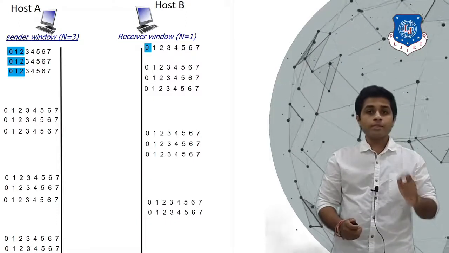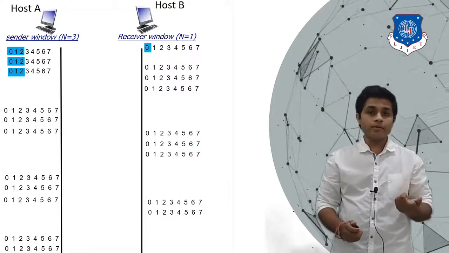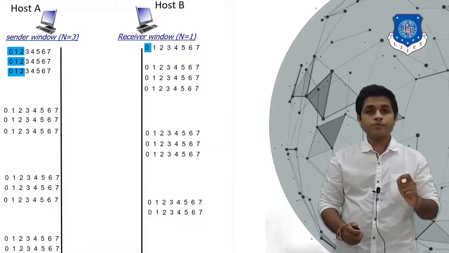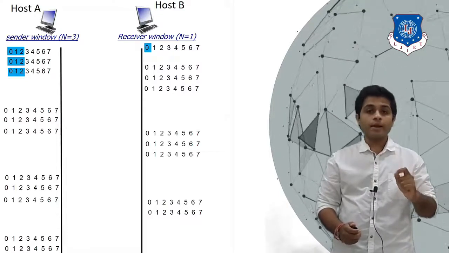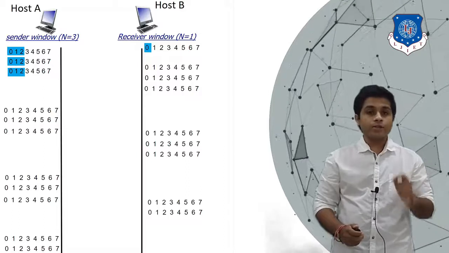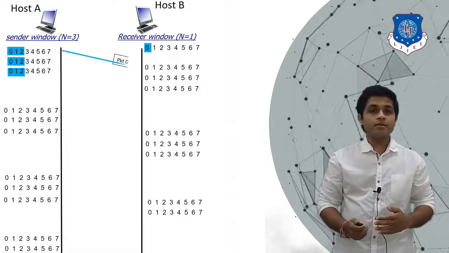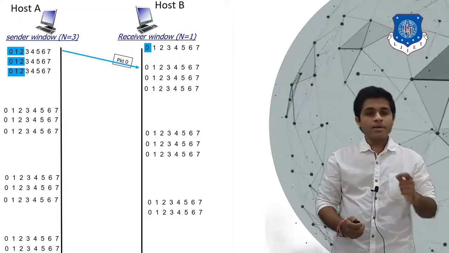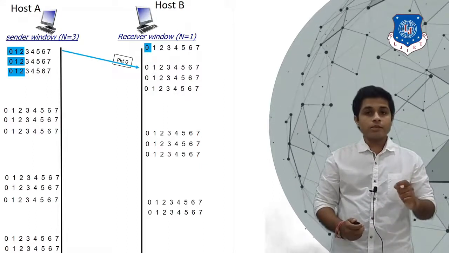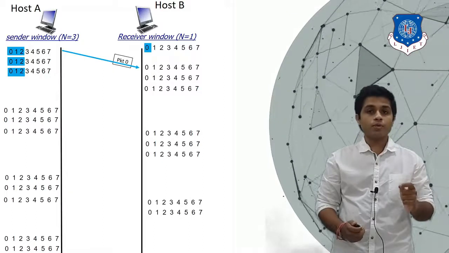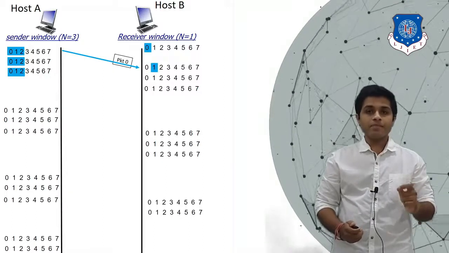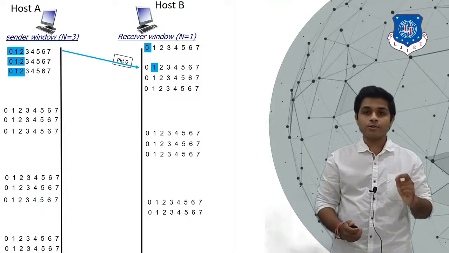So from the receiver's window, what information we get? The current position of the receiver's window will tell you what packet receiver is expecting. So right now receiver is expecting packet 0. So A will send the packet 0. When B receives the packet 0, the receiver's window will slide from 0 to 1. So it means that B has received the packet 0 successfully.